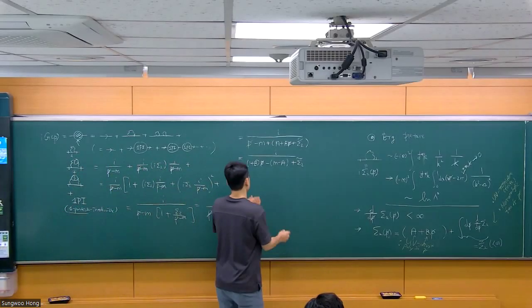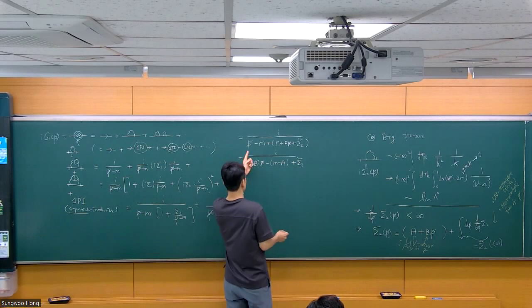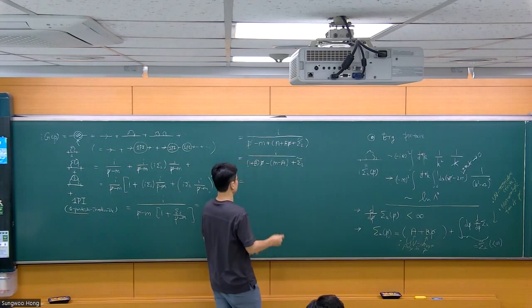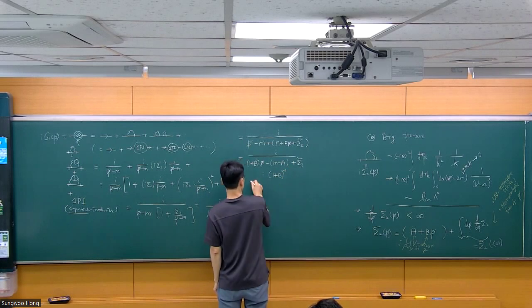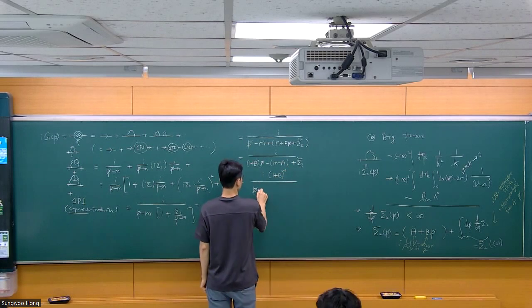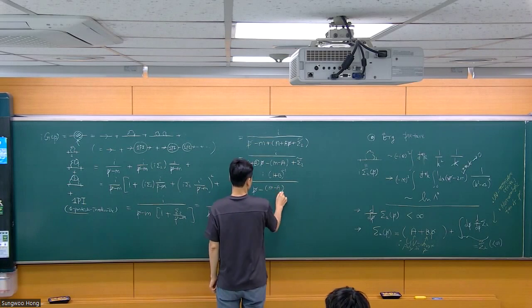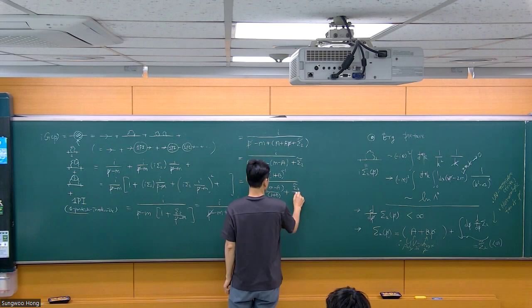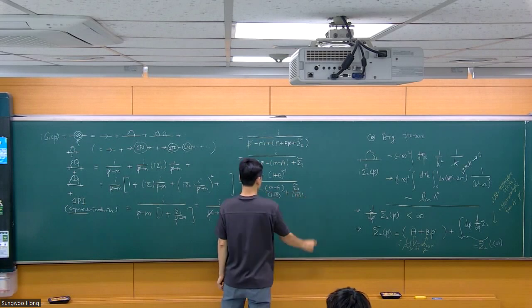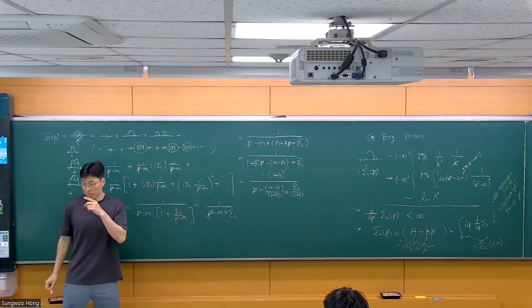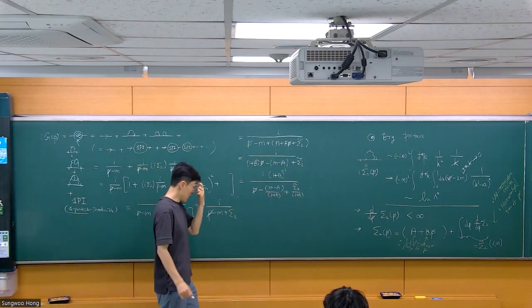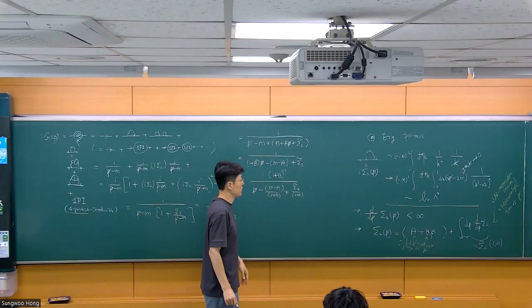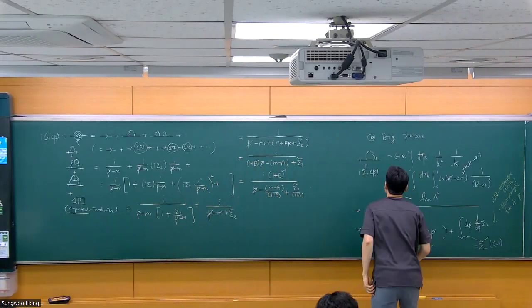You want an expression that has a 1 in front of p-slash, which you can achieve by dividing by 1 plus B. You get this. Now let's do the power counting a little bit here. So let's erase this part first.